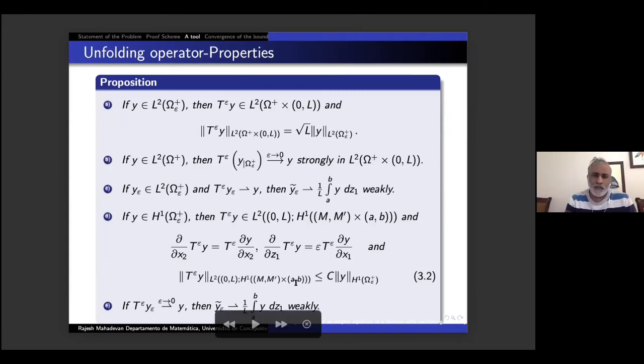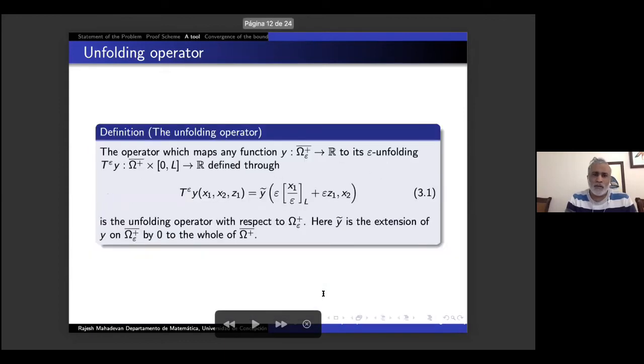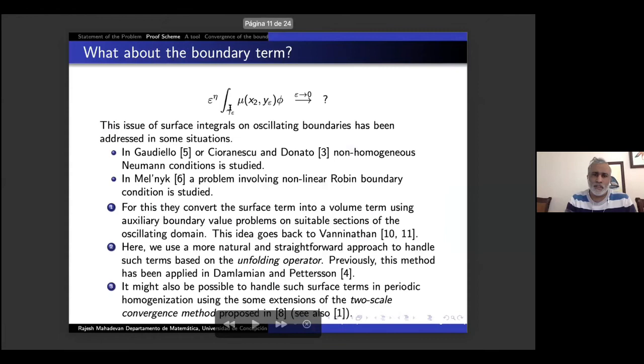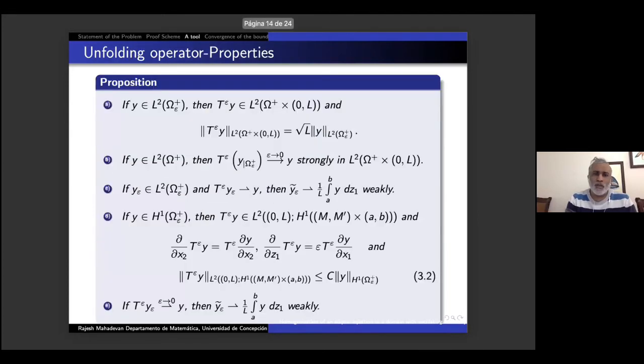So once you have all this information, one could look at this term here and try to see what happens to it. The first thing to do is to rewrite this using the unfolding, and write it on a non-oscillating domain.